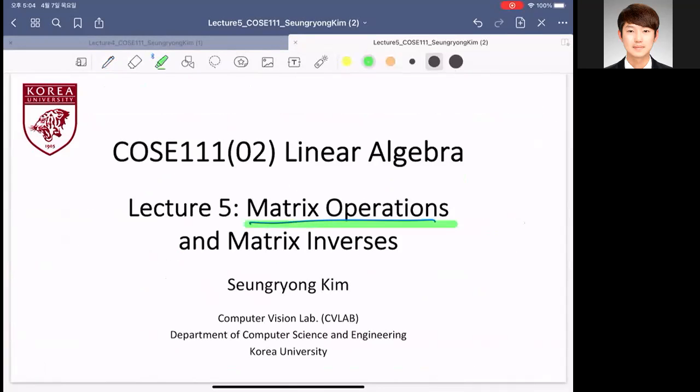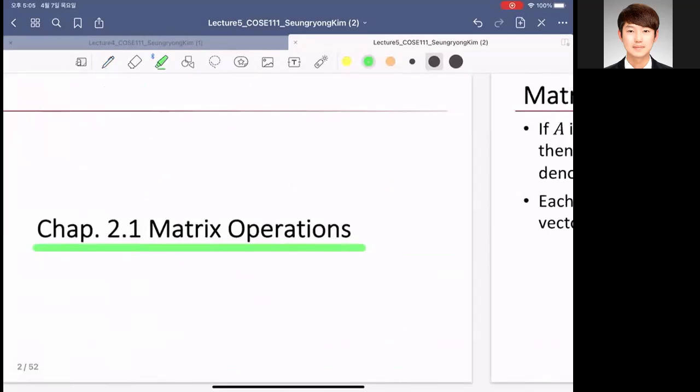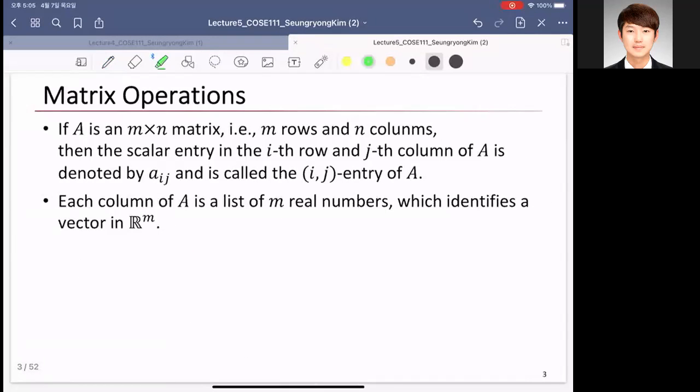But we already know several kinds of matrix operations, so let's briefly summarize what we have done so far. This is chapter 2.1, matrix operations.